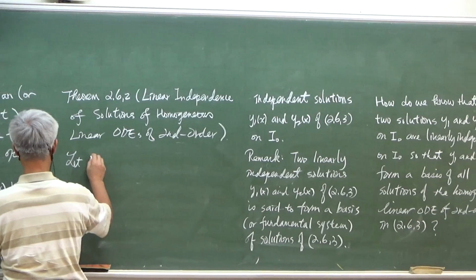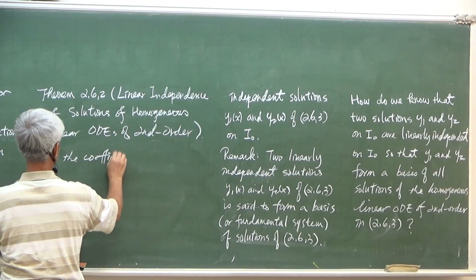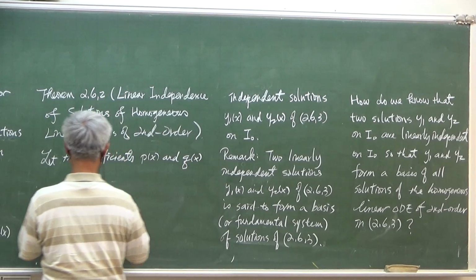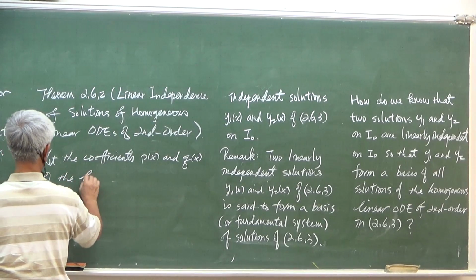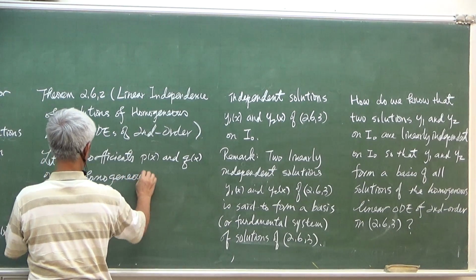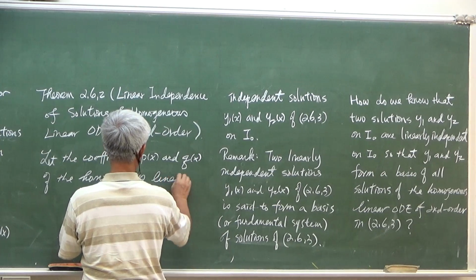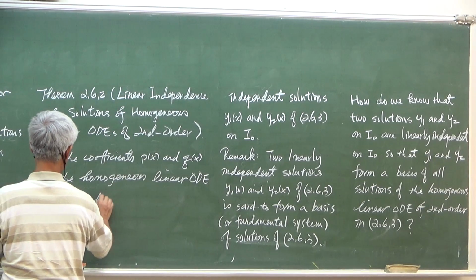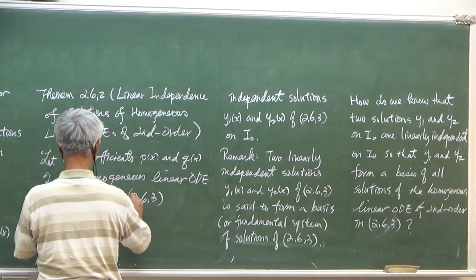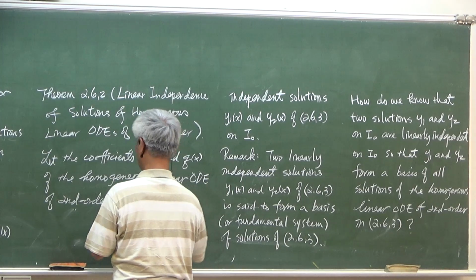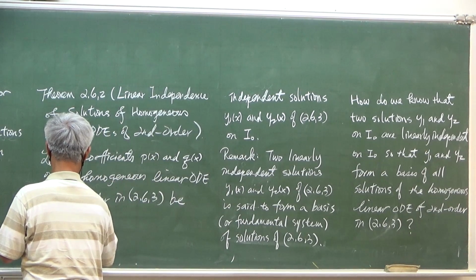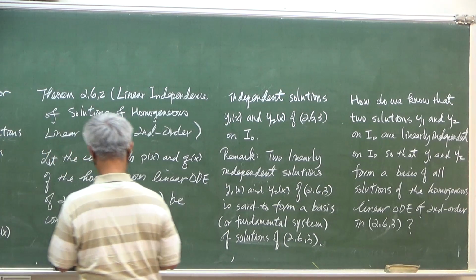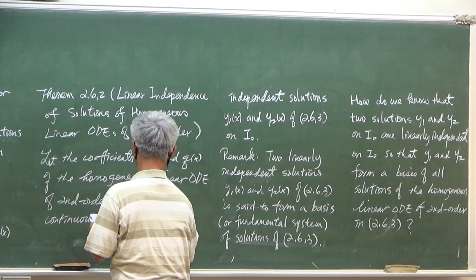So now let the coefficients P of x and Q of x of the homogeneous linear ODE of second order in 2.3 be continuous.